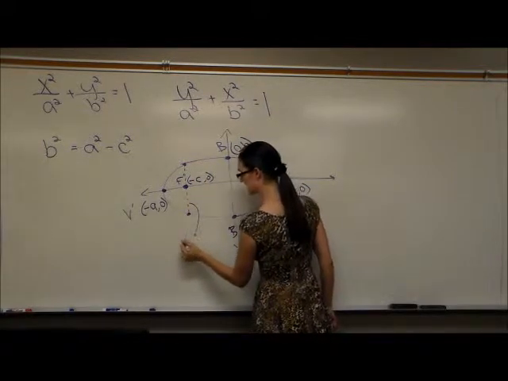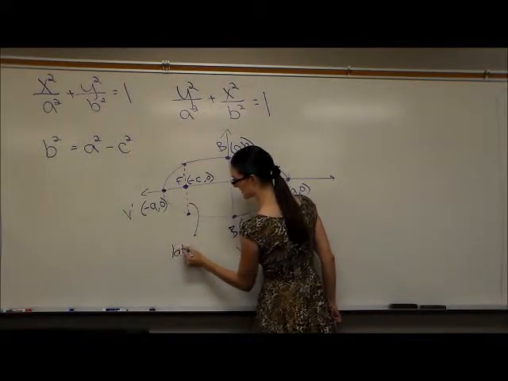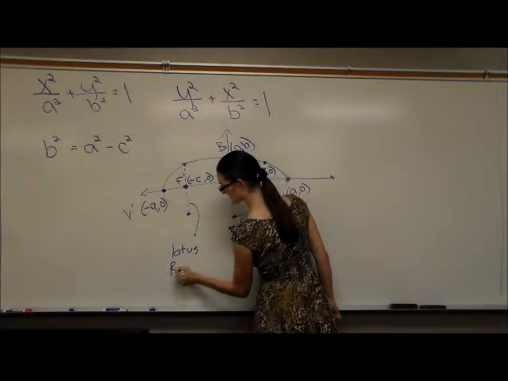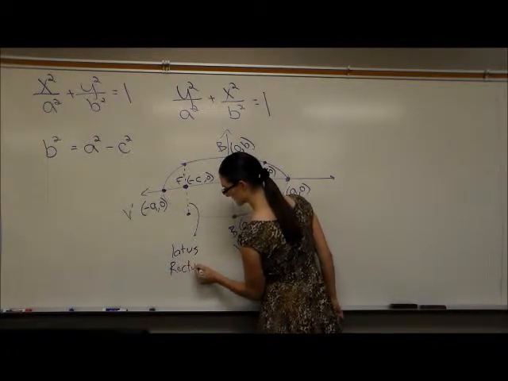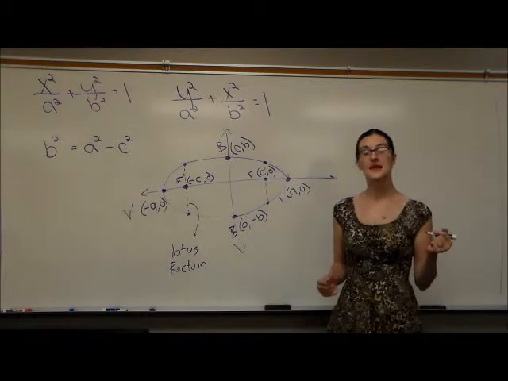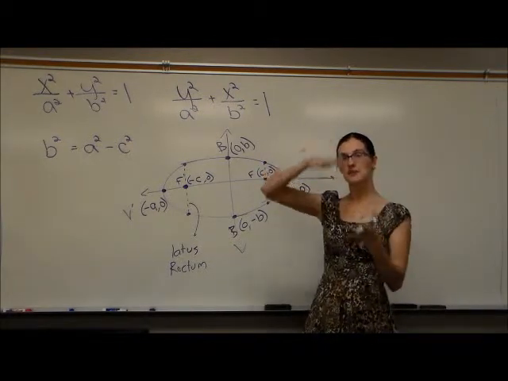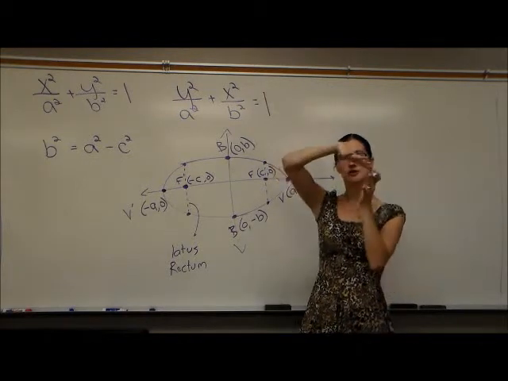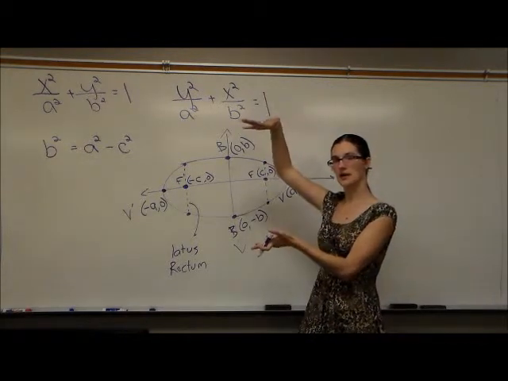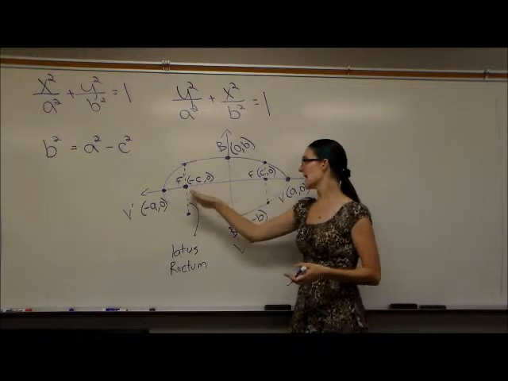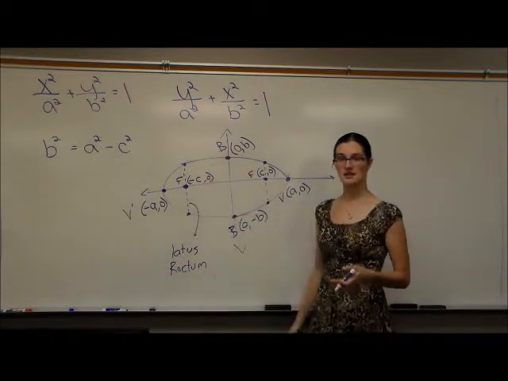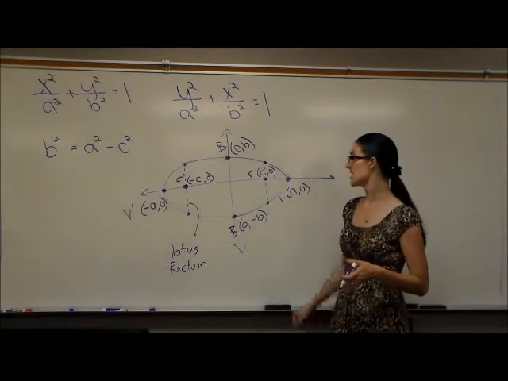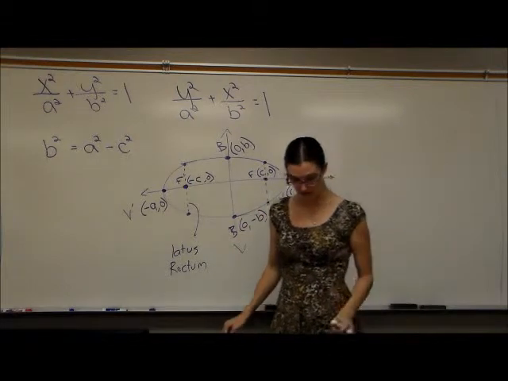That line is your latus rectum. That's telling you how wide it gets. Does it start off and get super wide, or does it kind of slowly get wide? By knowing that, and it's always going to be perpendicular to the major axis through the focus, you can find the length of that relatively easily.